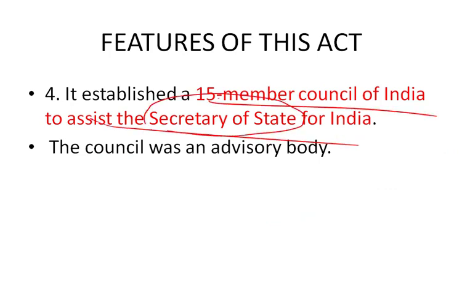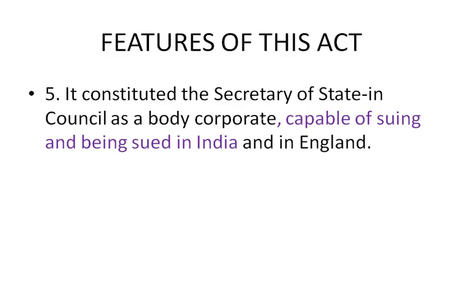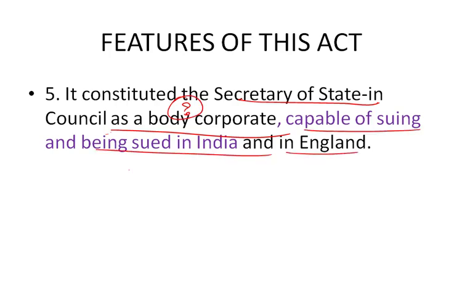So a 15-membered body was created, and it assists the Secretary of the State, and it's just an advisory body. It also constituted the Secretary of the State and his council as a body corporate, capable of suing and being sued in India and England.